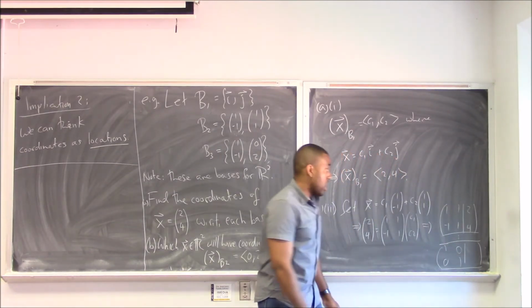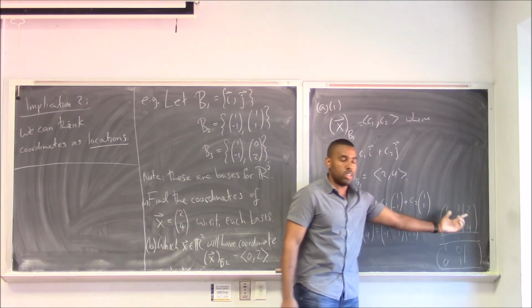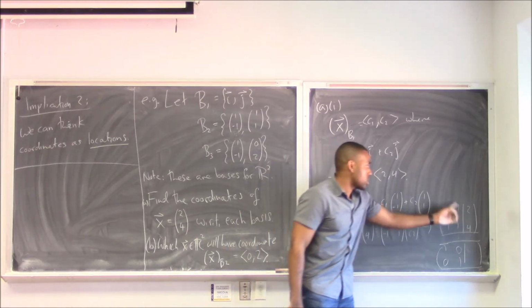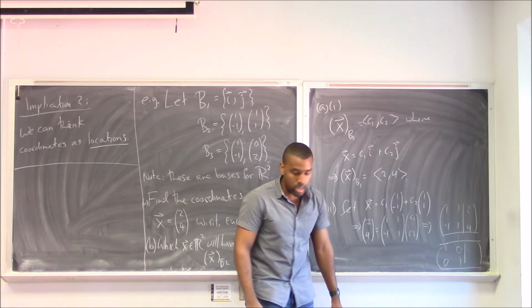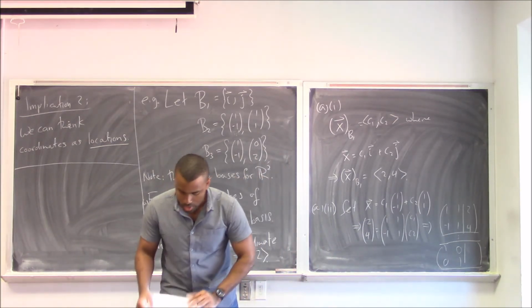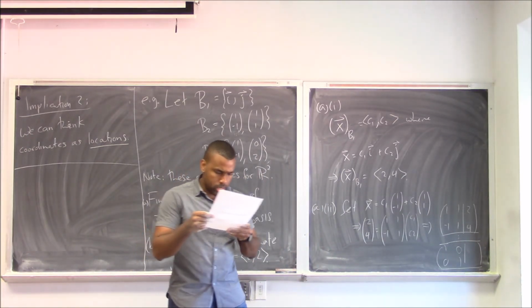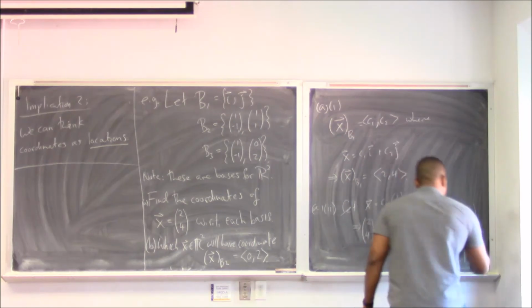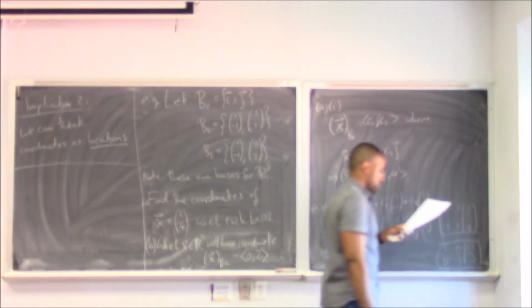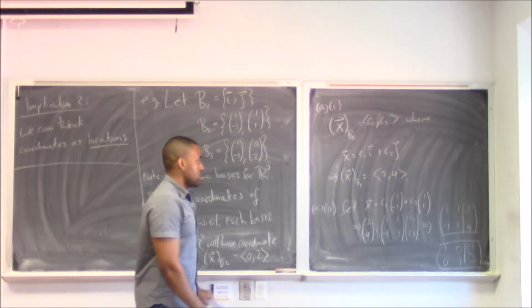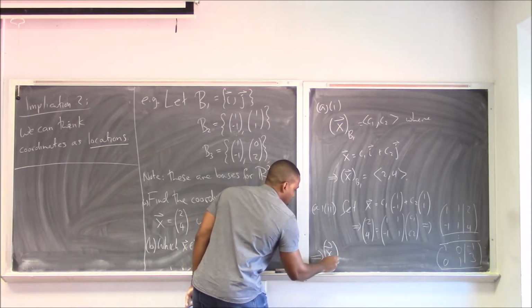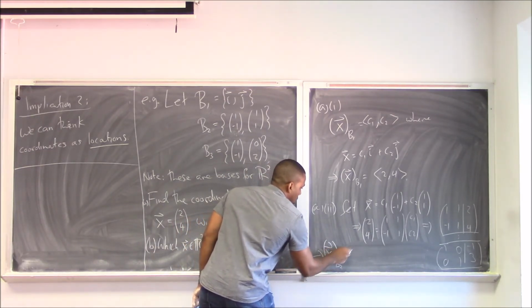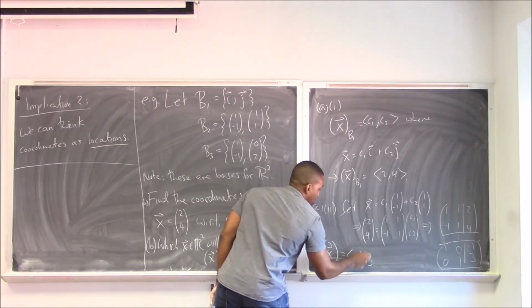Why? Because if I threw in 0 here, it has the unique solution, which means this matrix must be invertible, which means the reduced echelon form is the identity. If you actually go through the calculations, you'll get -1 and 3 as the answers, which means x with respect to B2 has coordinates (-1, 3).